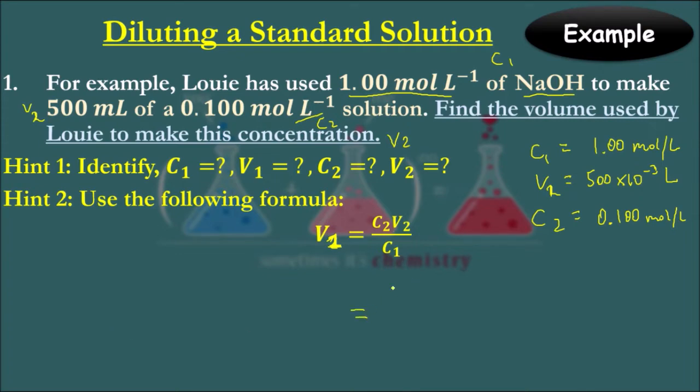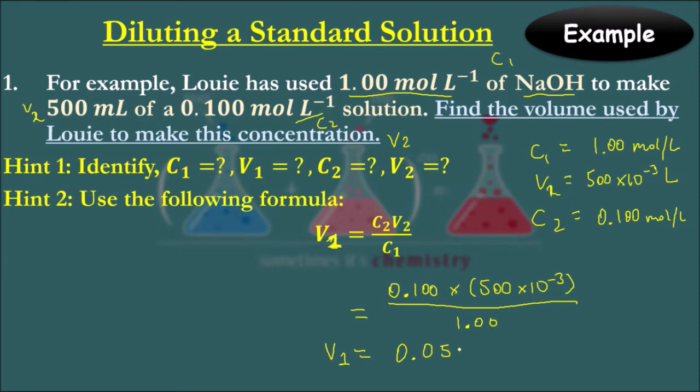I have a concentration of 0.111 multiplied by 500 milliliters, converted into liters, and with a concentration of 1.00, I find that my volume 1, I would have extracted 0.0500 liters.